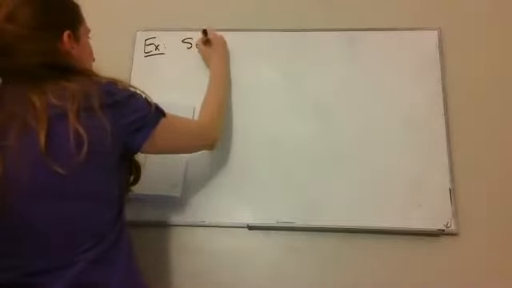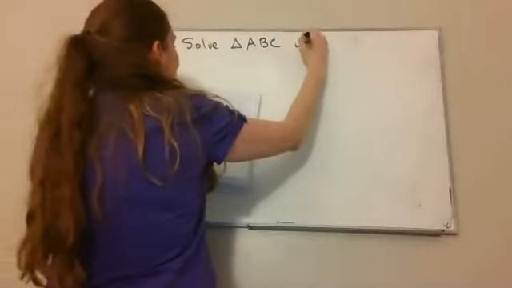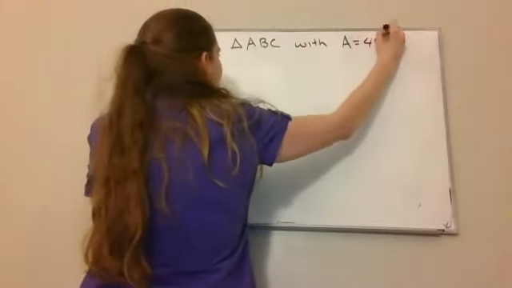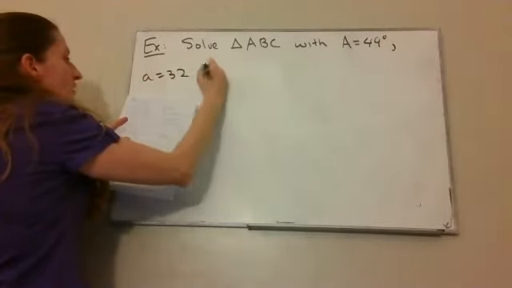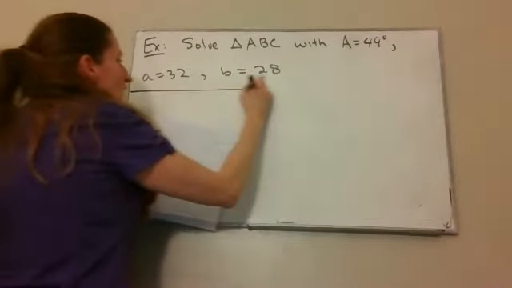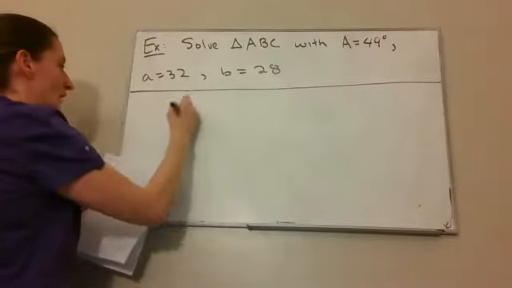So let's solve triangle ABC with angle A equals 49 degrees, side A equals 32, and side B equals 28. So we have two sides and one angle, and an angle is opposite one of our sides that we're given.